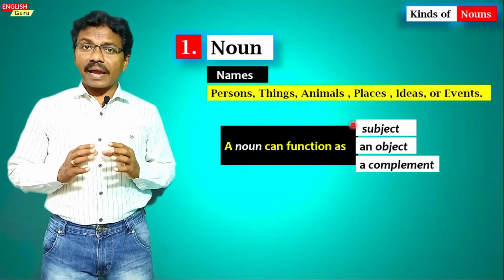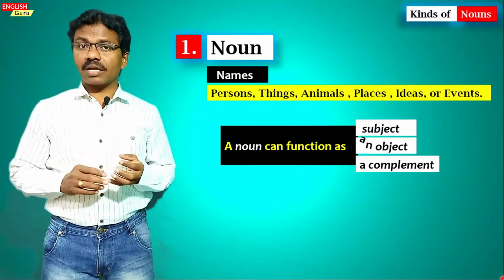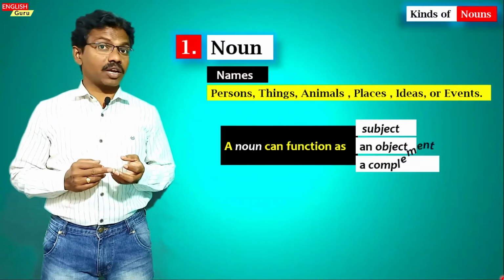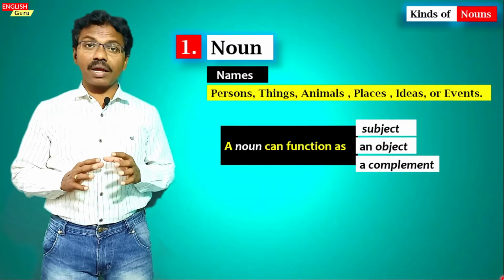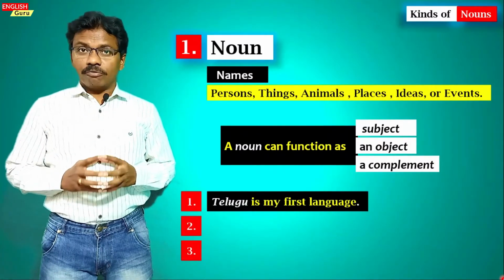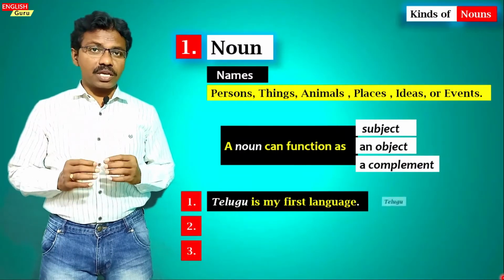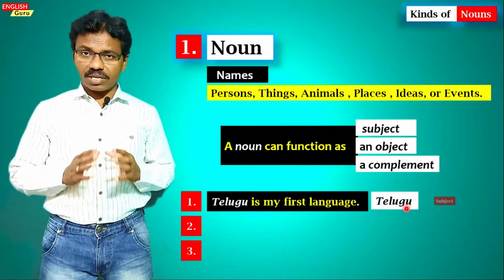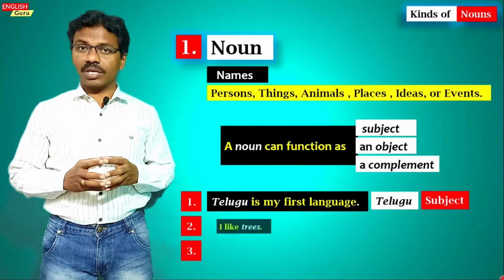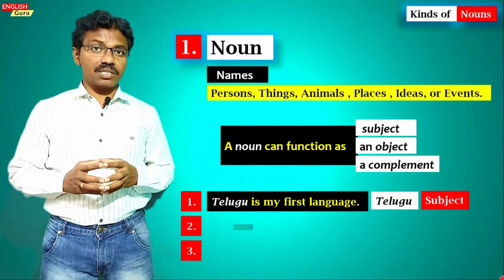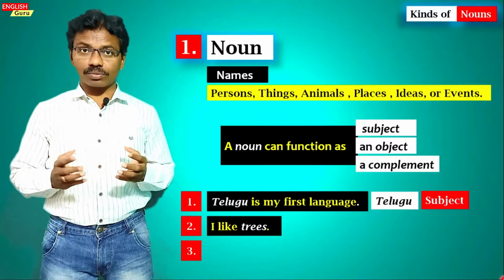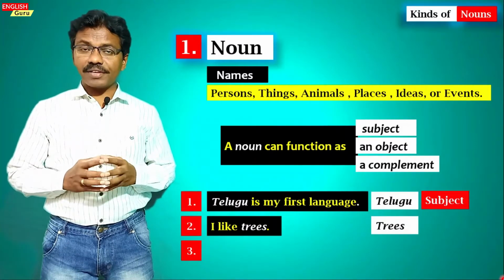A noun acts or functions as a subject of a sentence or an object of a sentence or a complement in a sentence. For example, Telugu is my first language. In this sentence, the word Telugu is the subject of this sentence. Not only subject, it is a noun. And in the second sentence, I like trees.